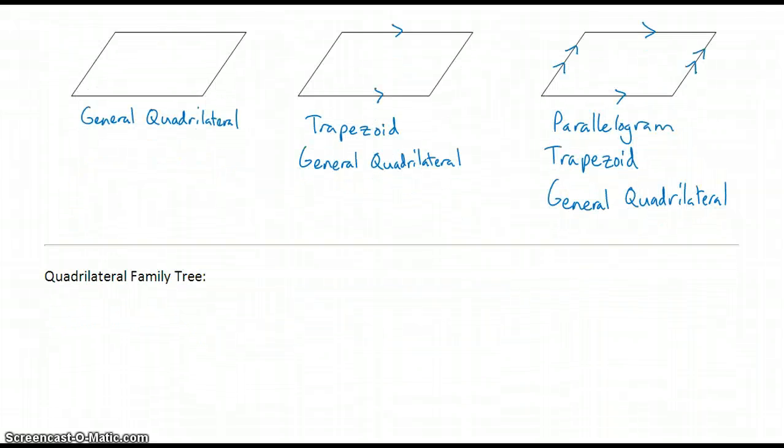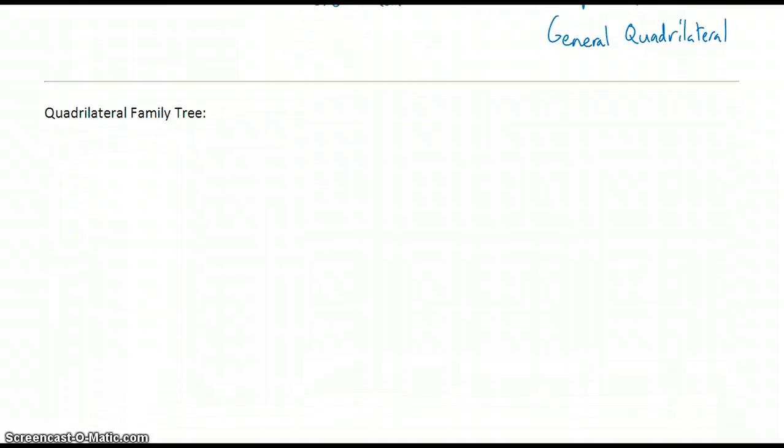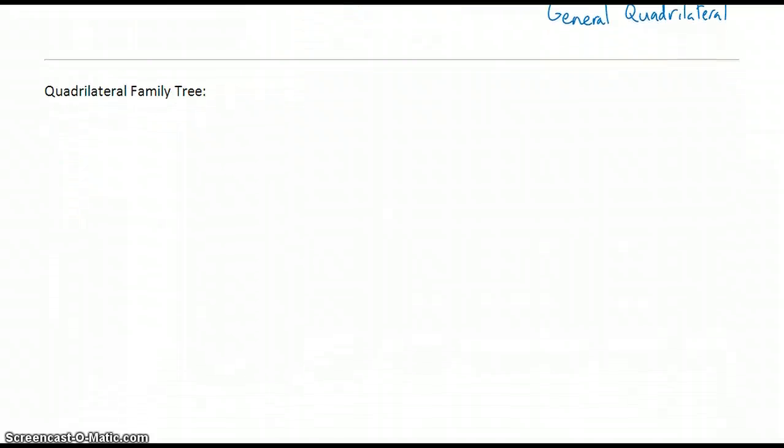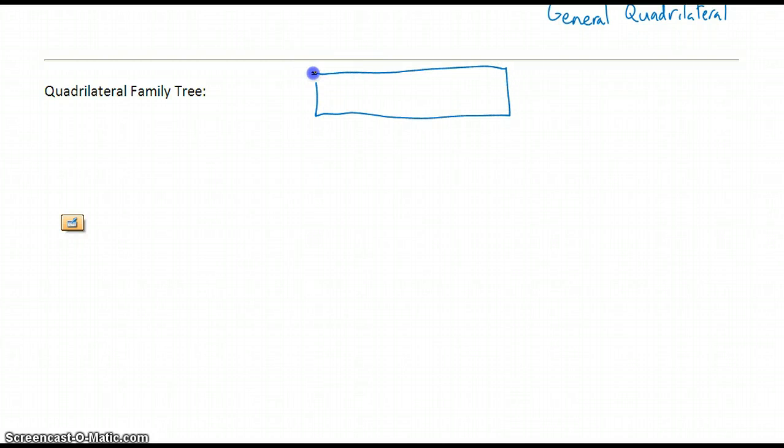Using the inclusive definitions, we can come up with a quadrilateral family tree. The granddaddy of all quadrilaterals: all quadrilaterals stem from this quadrilateral, the general quadrilateral. Just a normal 4-sided shape. Now if we take that 4-sided shape, and we set one pair of sides parallel to each other, we get the first branch in our family tree.